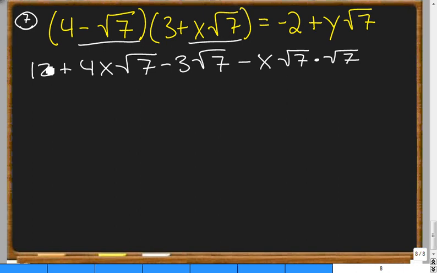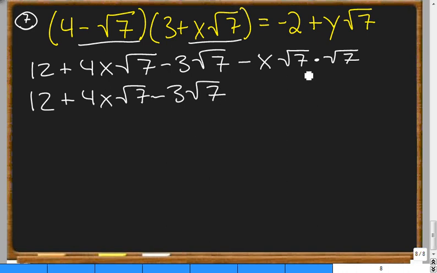So if we continue to simplify this side, we get 12 plus 4x times the square root of 7 minus 3 times the square root of 7, and then square root of 7 times the square root of 7 is going to be 7, so we get minus 7x. Well, we can actually factor this.